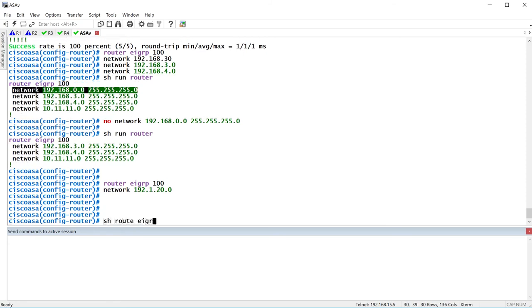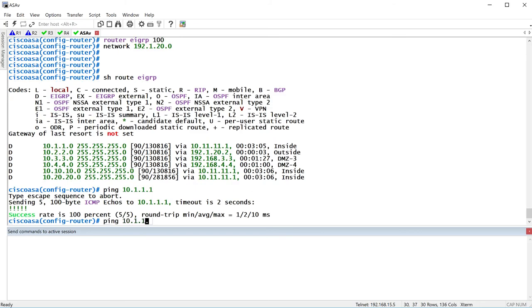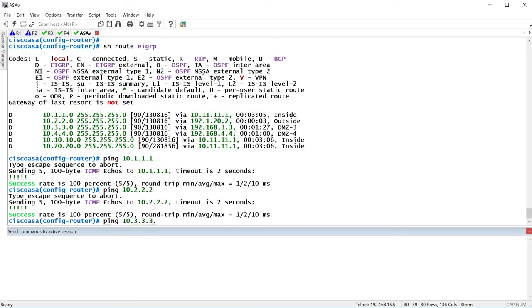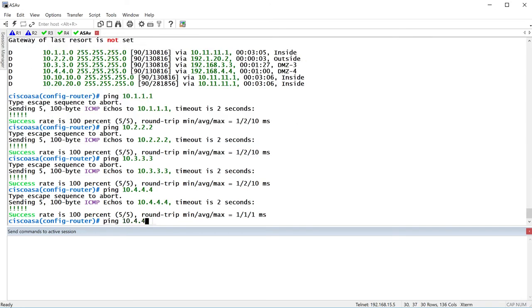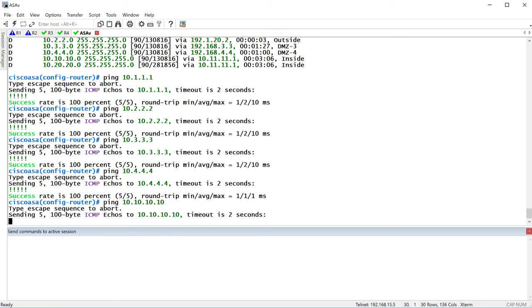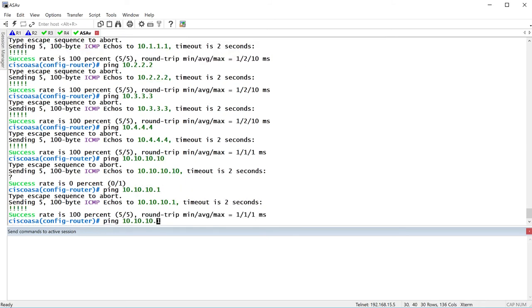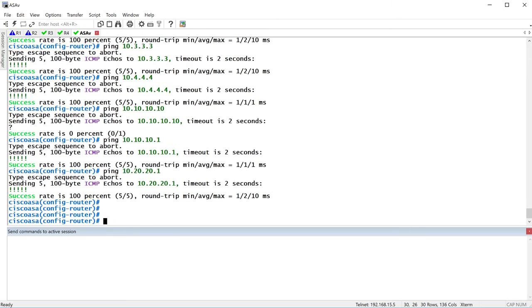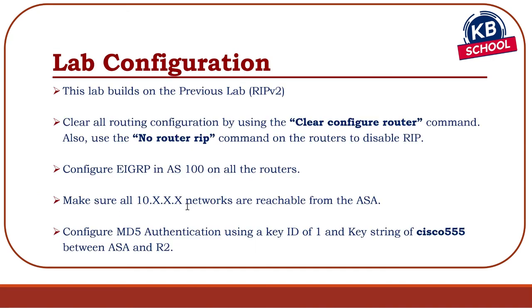Show route EIGRP. I have all the routes, should be able to ping all of them. So reachability is complete. Oops, not 10. 10, 20, 21. All reachability is complete. So this part of the lab, make sure all 10x networks are reachable from the ASA, done.